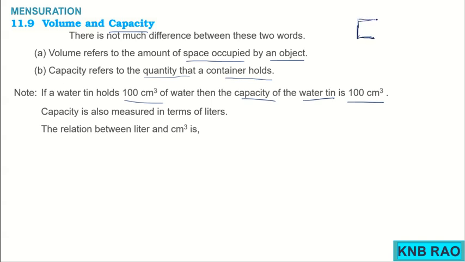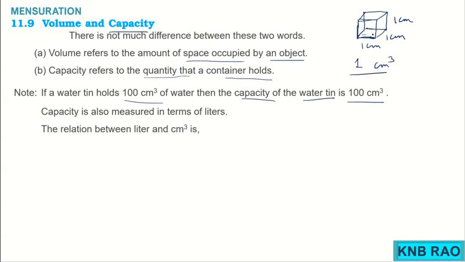See children, there is a cube of 1 centimeter in length, 1 centimeter along the breadth and 1 centimeter along the height. That means what is its volume? Its volume is 1 centimeter into 1 centimeter into 1 centimeter. It is 1 into 1 into 1 is 1, and centimeter cube is its volume.